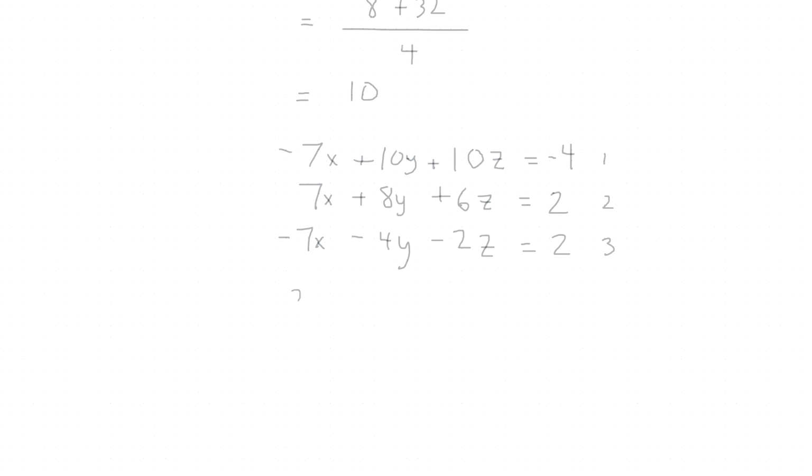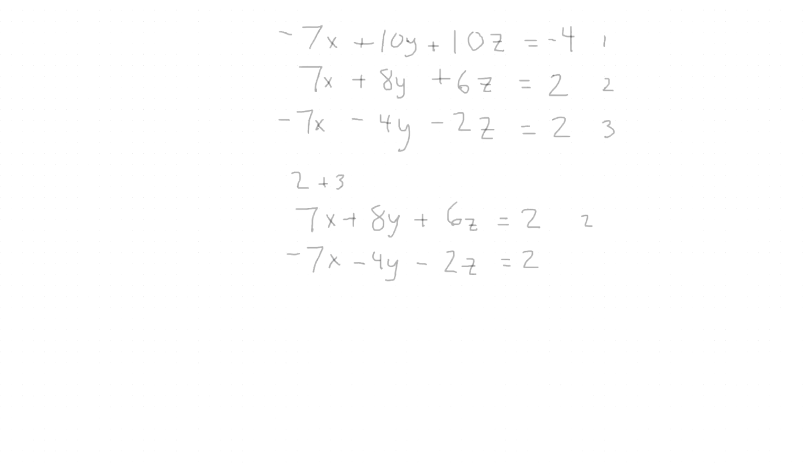Let's rewrite the second one: 7x plus 8y plus 6z equals 2. That's equation 2. And 3 is -7x minus 4y minus 2z equals 2. So we're going to add them to eliminate the x.